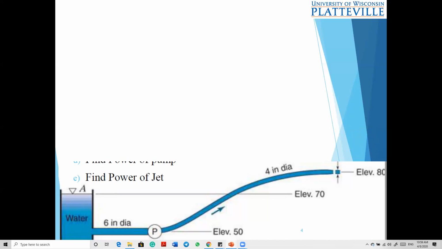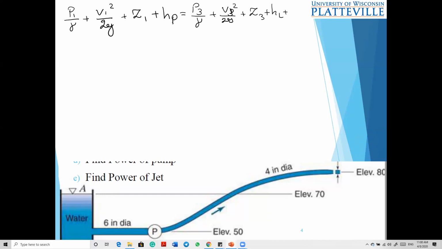All right, let's write the energy equation. Pressure at 1 plus V1 plus elevation head plus head for pump equals P3 plus V3 plus Z3 plus head loss. If you have a turbine, we can write that too.